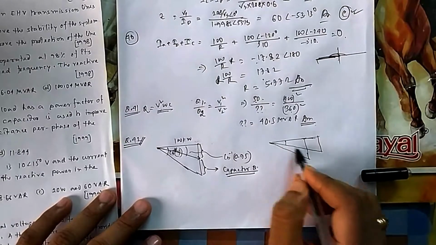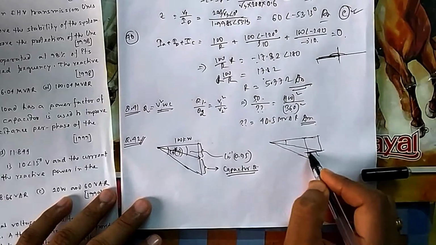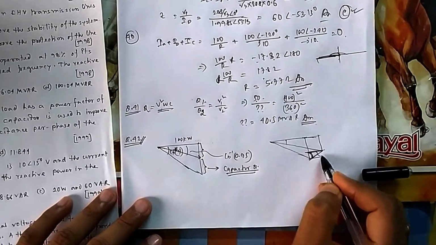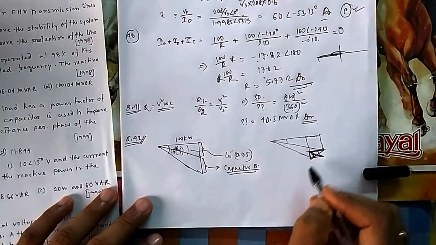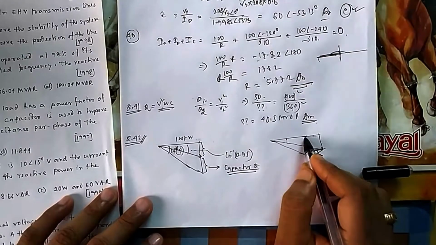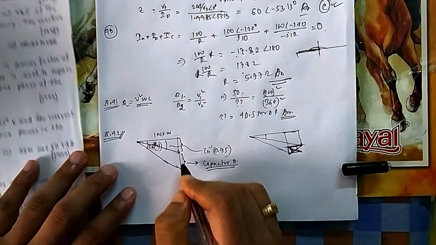Why? The power factor will also improve, because it will take this much reactive power, and it will also take this much active power. So the synchronous condenser takes this much active power and this much reactive power, so that will be added here, because it increases the active power load in case of a synchronous condenser. But it is a capacitor only, so only reactive power.